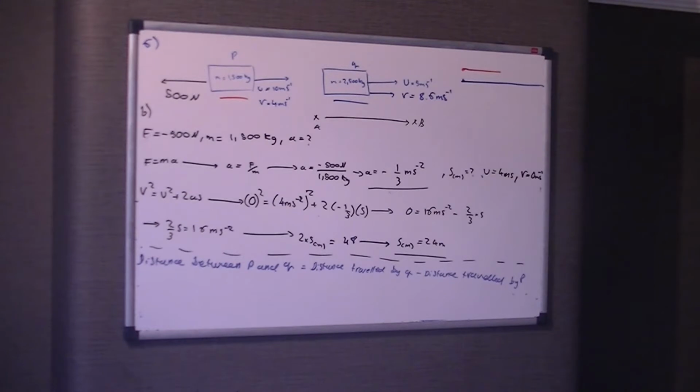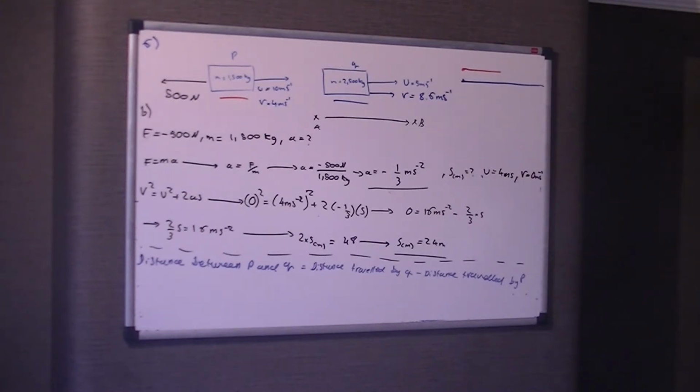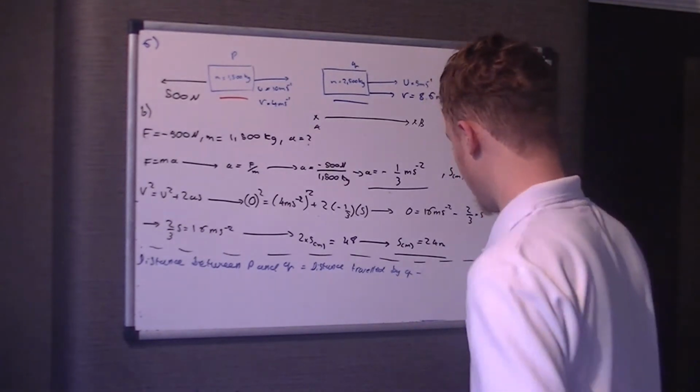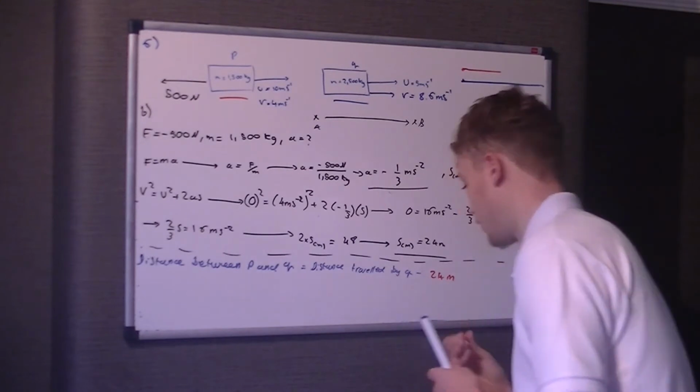Now, what we've just worked out in the last part is the distance travelled by P. I'm only going to do this because I don't quite have enough space in my diagram, so I'll write that the distance travelled by P is equal to 24 metres, and replace it with that.